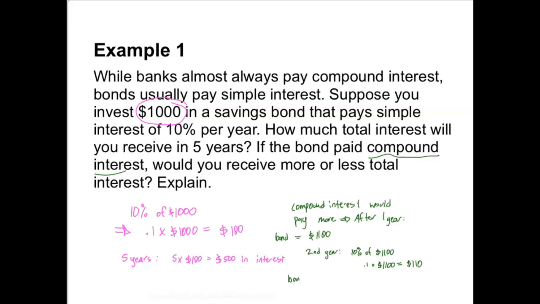So now, after that year, the bond is going to be worth 1,100 plus 110, $1,210. And then you're going to continue to earn each year interest on the interest, right?